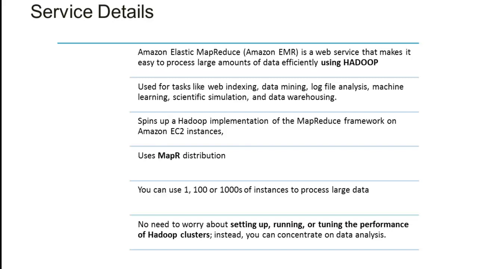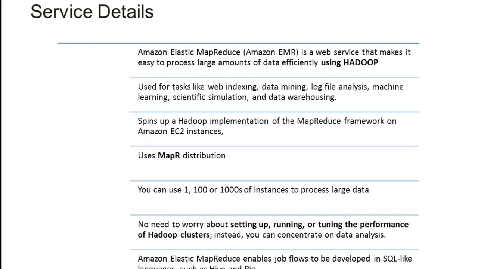So, EMR takes care of all of this work on your behalf, and you can focus on your core business, that is data analysis. Okay. So, Amazon Elastic MapReduce enables job flows to be developed in SQL-like languages such as Hive and Pig as well, or you can work in a non-SQL language as well. So, it is up to you.